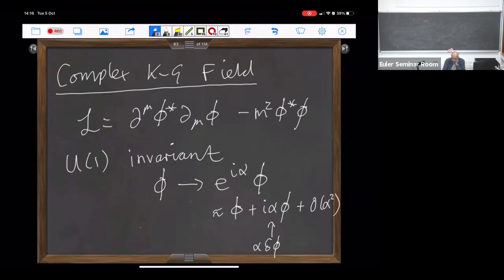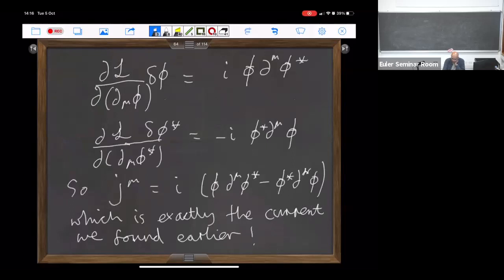And we can make contact with what we had before by, for example, expanding the transformed field for small values of alpha, as we're sort of used to anyway in thinking about Lie algebras. So in this case, we can compute the J mu.